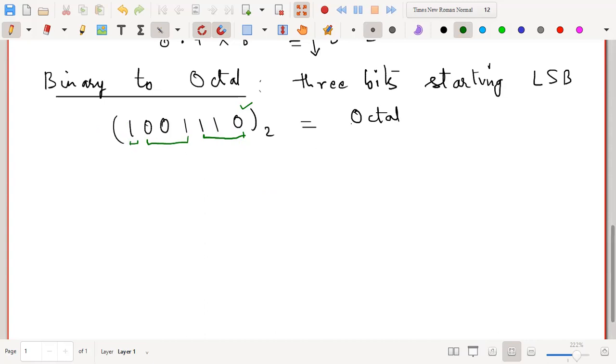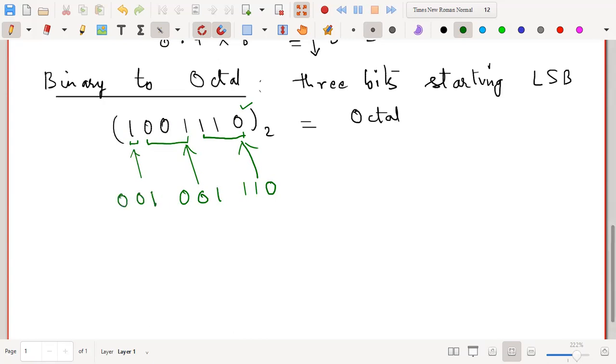So now let me try to write this portion here. This is 1 1 0. This is one group, and the second group I will write here, that is 0 0 1. Second group it is 0 0 1. And the third group you just have a 1 here, so you add 2 more zeros to the left, so it is 0 0 1.